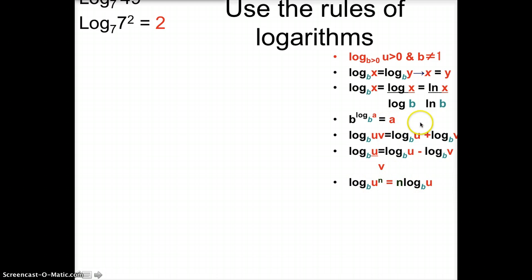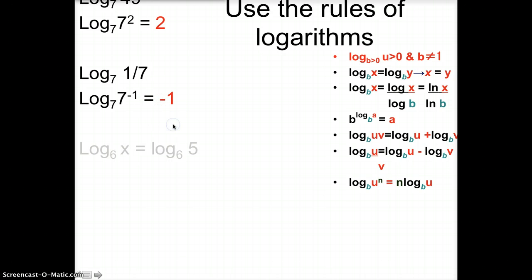Or actually, sorry, I'm referring to the equality rule here. Another example would be log base 7 of 1/7. Well, 1/7 is really 7 to the negative 1. So since these two bases match here, that means this would equal negative 1.